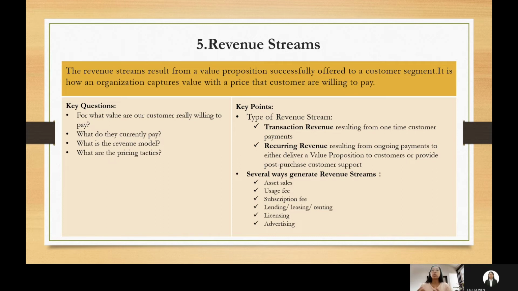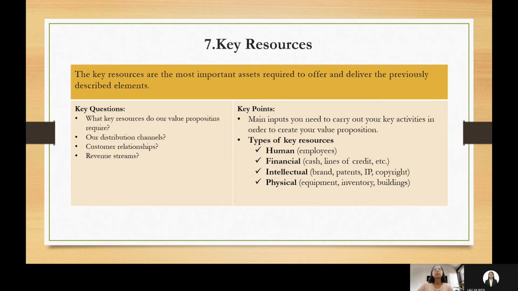There are several ways to generate the revenue stream, such as asset sale, usage fee, subscription fee, lending or renting, licensing, and advertising. The questions can be asked are, for what value are our customers really willing to pay? And what do they currently pay? And what is the revenue model and the pricing tactics?